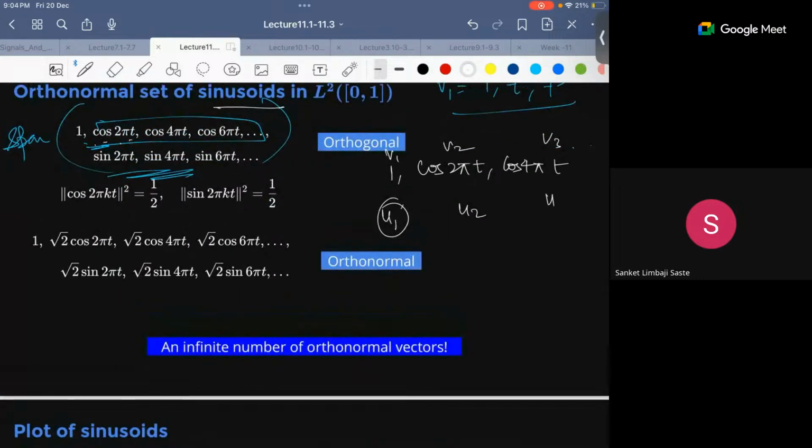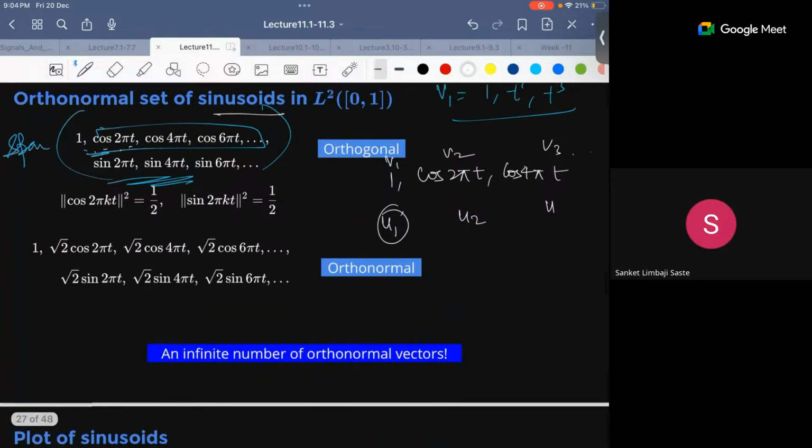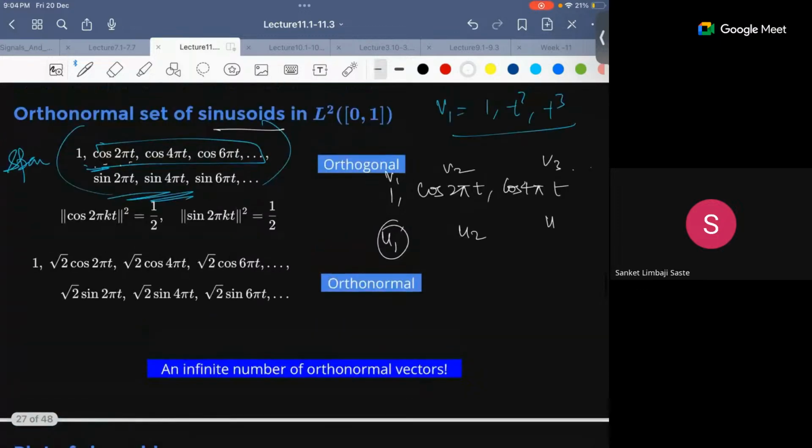You already know that method, you'll use it. When we converted it to orthonormal, the first is 1 itself, and the second becomes root 2 cos 2 pi t. Sir, we have to find the norm of this first. Norm of this vector, yes, you have to make it orthonormal.